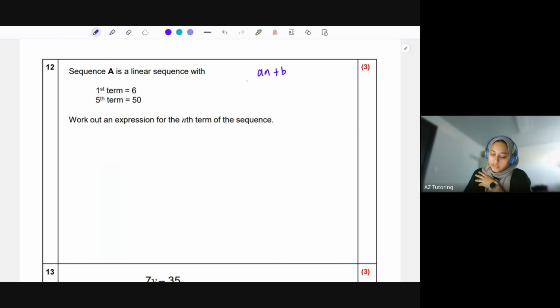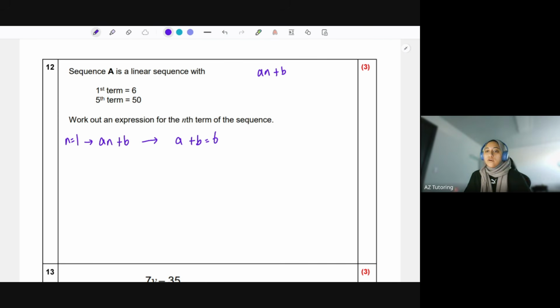So I know that if I have my linear term, for my first term, it's going to be 6. So essentially, when n equals 1, so my first term, this here is going to equal 6. So a times 1, because n is 1, is just a, plus b equals 6.